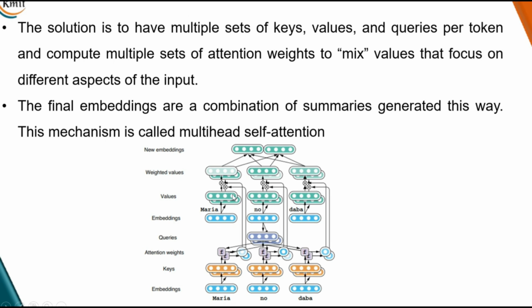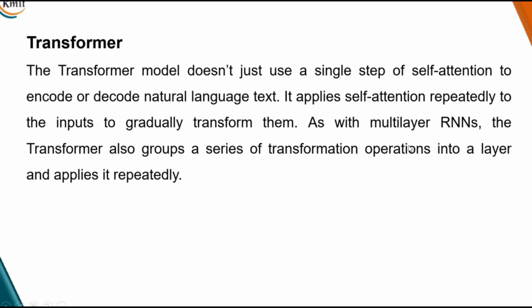For different word embeddings, I generate different weighted values, and I generate different new embeddings from individual words. So the final embeddings that we get are a combination of summaries generated using this mechanism, which is called multi-head self-attention. Not just single, but multi-head self-attention.